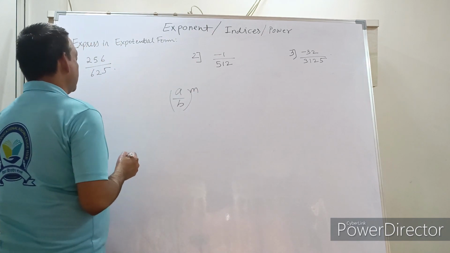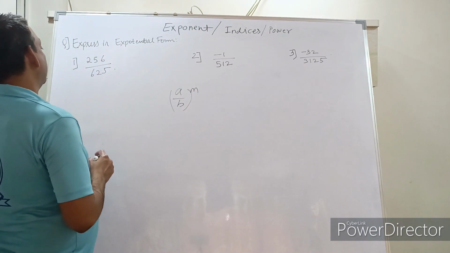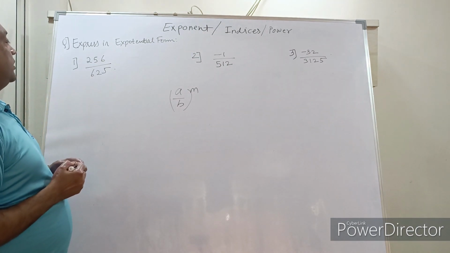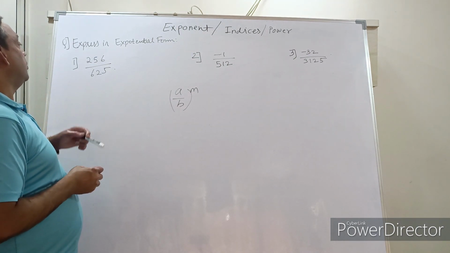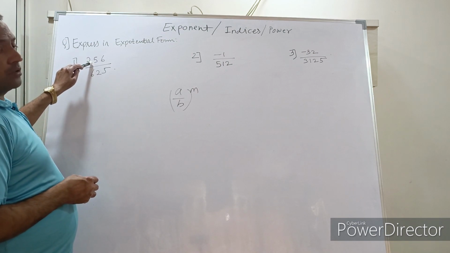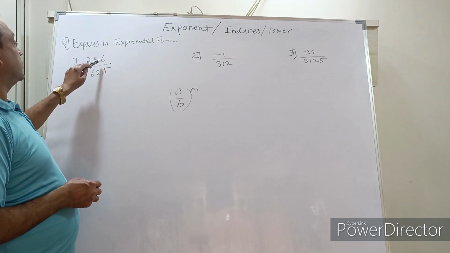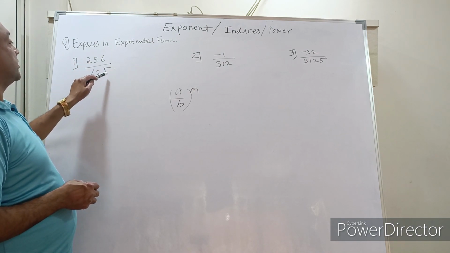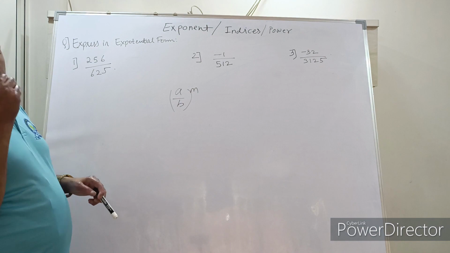So what we have to do here is think of a number: something raised to that number gives 256, and something raised to the same number gives 625.